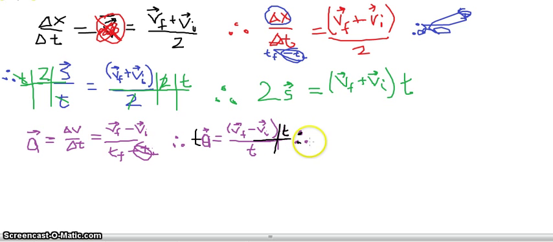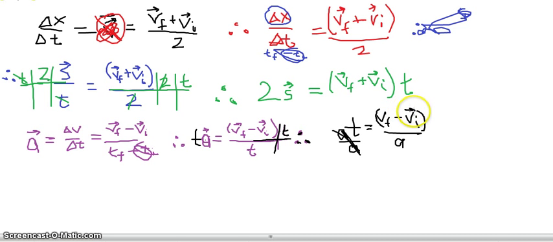So therefore, you have acceleration times time equals velocity final minus velocity initial. Okay, and I'm just going to get rid of this acceleration, and put that over acceleration. Essentially, anytime you have something like this, these two will switch places. Hopefully you know that from algebra, though.